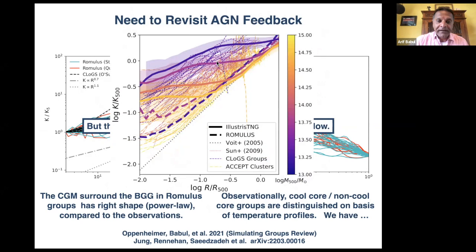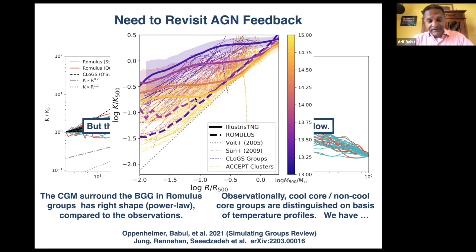The very fine dashed lines in the background are observations. The punchline here is that while the shape, or the power law slope, is identical to the observations, the amplitude is considerably lower. Now, this suggests that the gas is not being heated as much, and certainly this becomes a growing problem as you go towards higher and higher masses.